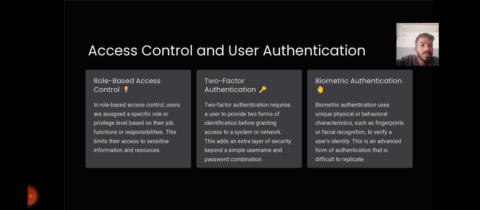Biometric authentication. Biometric authentication uses unique physical or behavioral characteristics such as fingerprint or face recognition to verify a user's identity. This is an advanced form of authentication that is difficult to replicate.